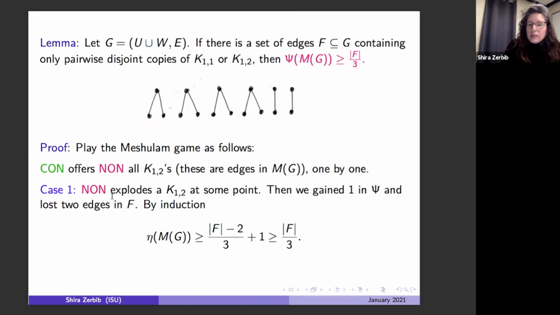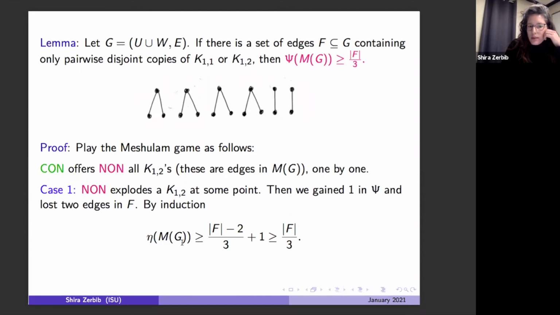Case 1 is that None explodes one of them at some point, right? Then we gained 1 in psi from the explosion, and we lost 2 edges because the explosion just removed these 2 edges from F and no other edge in F, right?